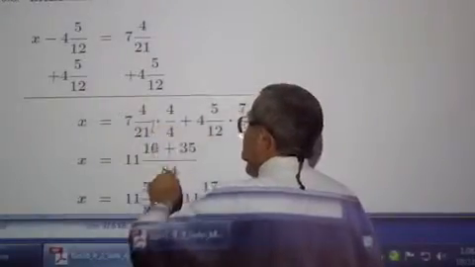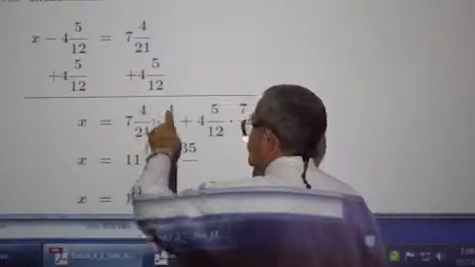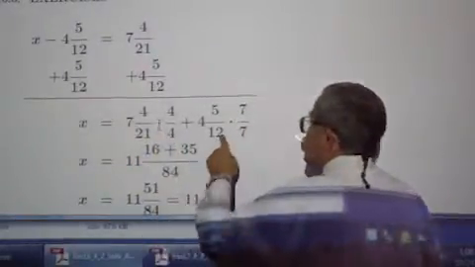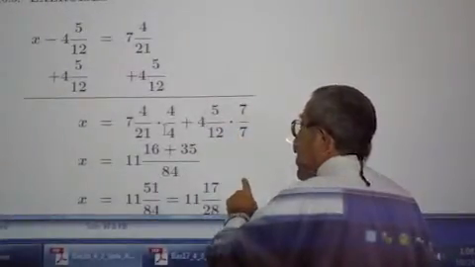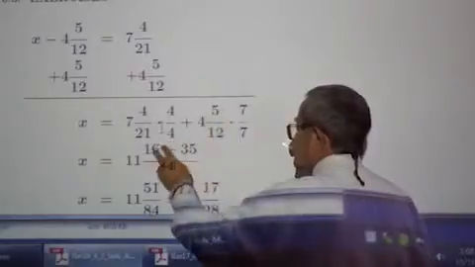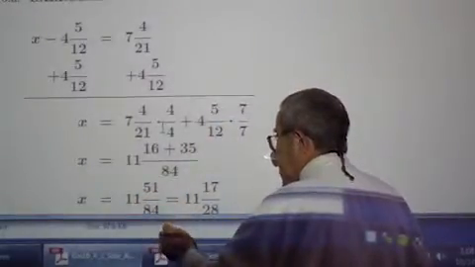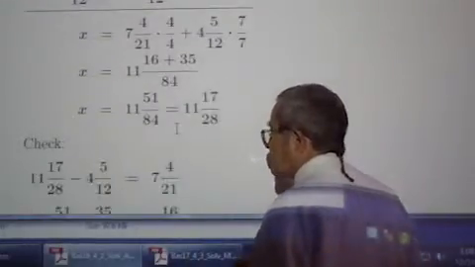I add fraction to fraction. I have 4 over 21, multiplied by 4 over 4, the denominator is 84. Here, multiplied by 7 over 7, the denominator is 84. The numerator is 16 plus 35, which is 51 over 84. So x is 51 over 84.